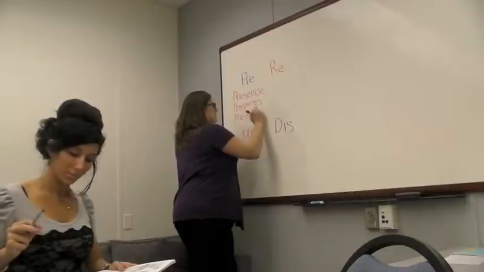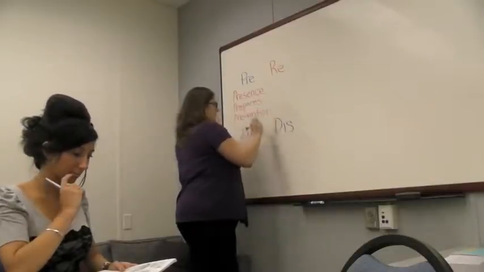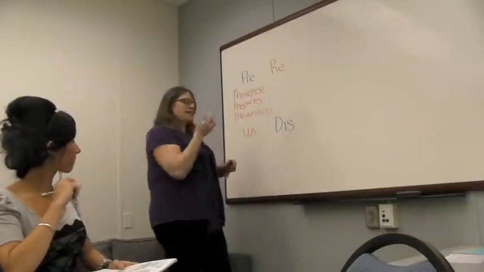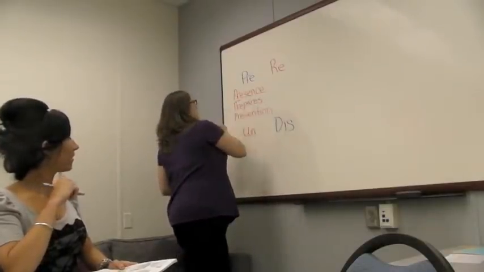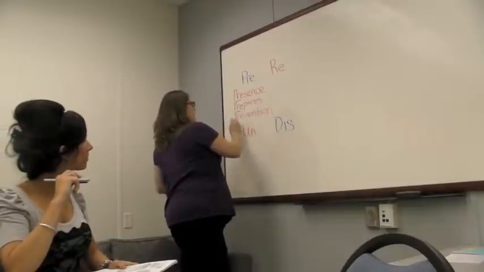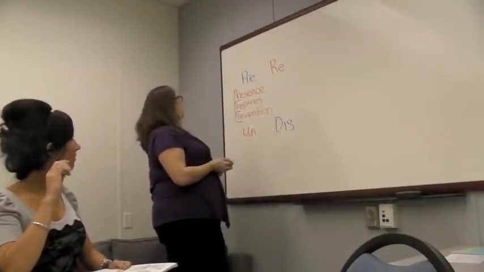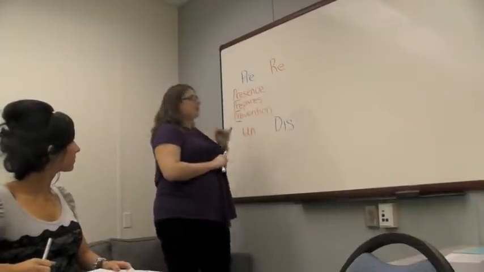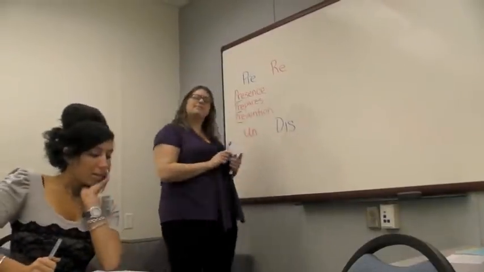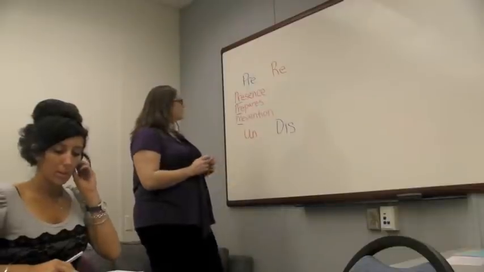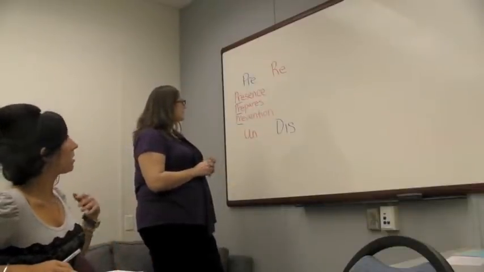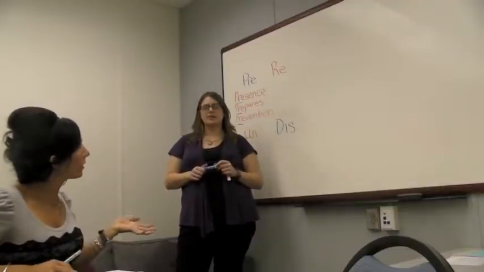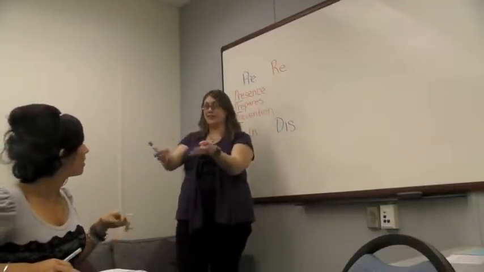Okay. Now let's take a look at these. Let's underline the pre that you found in each one of these. They were all at the beginning. Prepares, prevention, okay? What can you infer that pre might stand for by looking at all three of these words? Well, prepares. I do that when I get ready in the morning. I prepare something before I do it. So you're doing it before, okay?